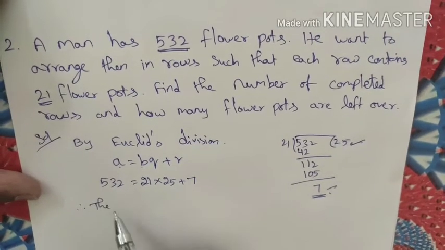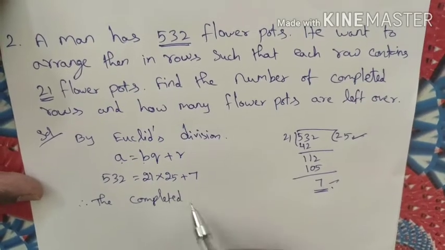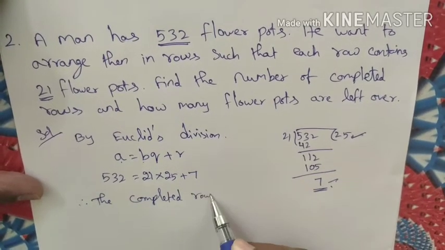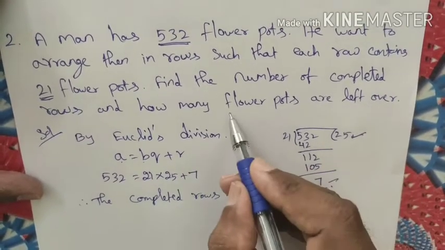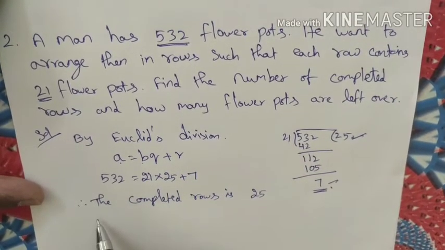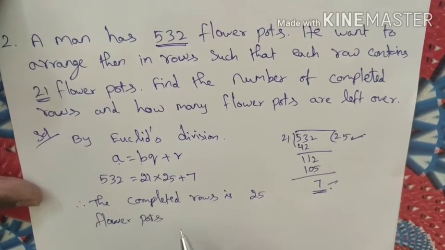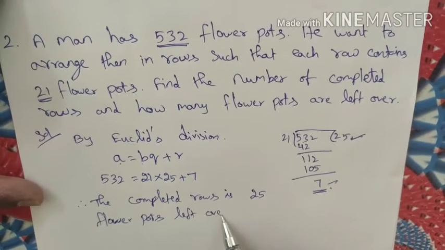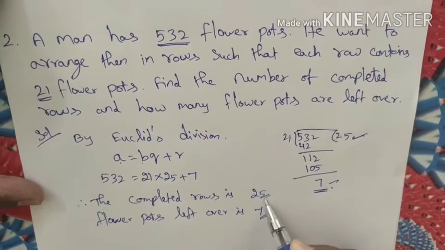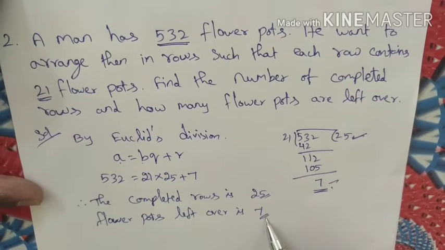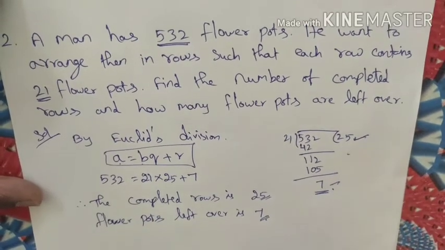Therefore the completed rows are 25, and the flower pots left over are 7. That is the answer. The completed rows are 25 and the remainder is 7. By using the division algorithm we are able to find it.